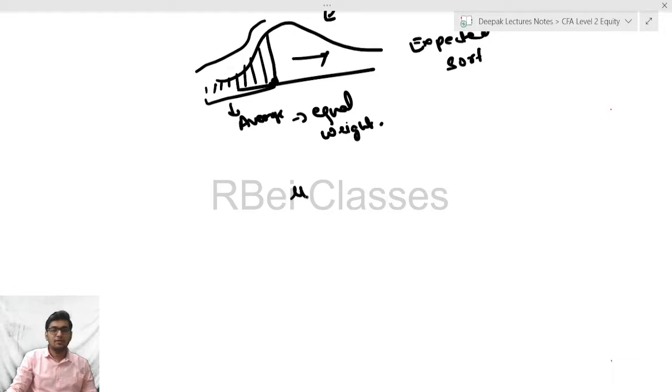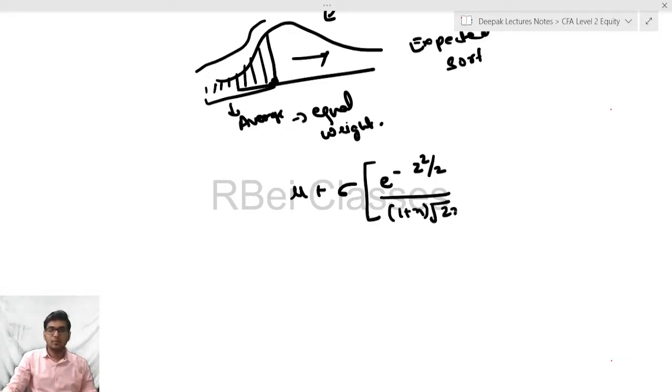And there is a formula to calculate the expected shortfall. What is that formula? Mu plus sigma times, in brackets, e to the power minus z square by 2, divided by (1 minus x) root over 2 pi. Clear? Now let us understand the terms. Mu, we know the mean.